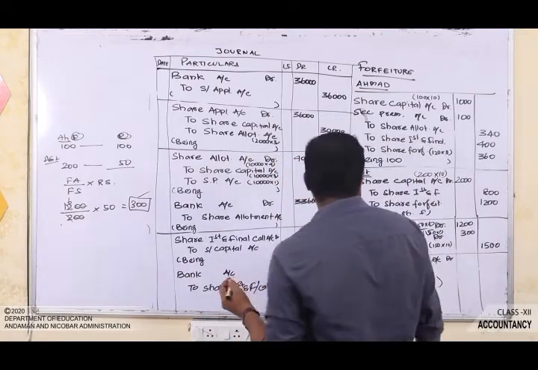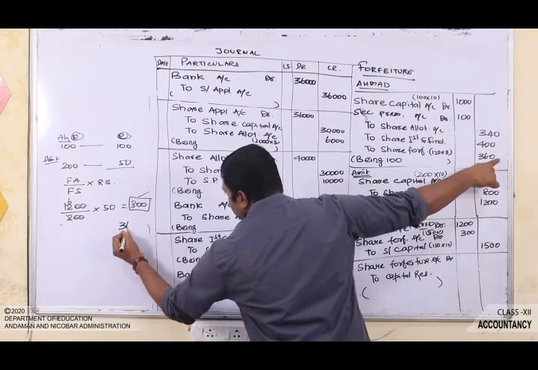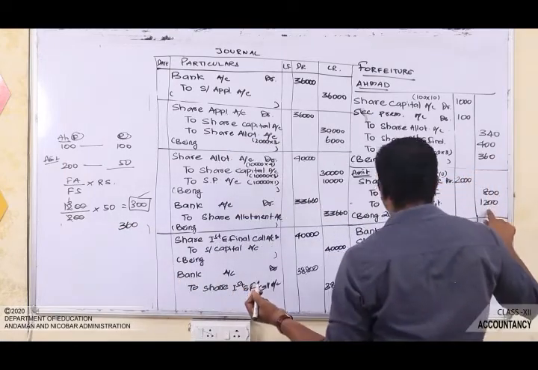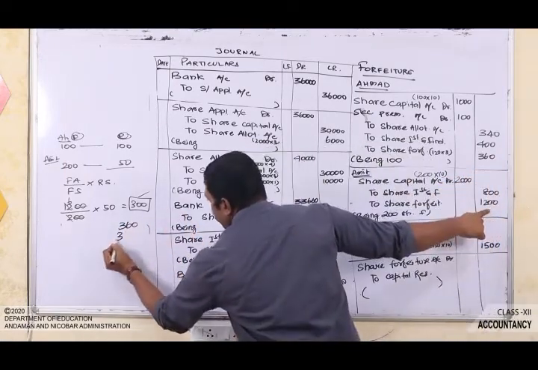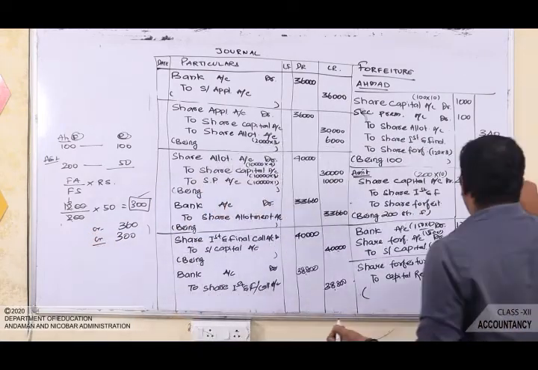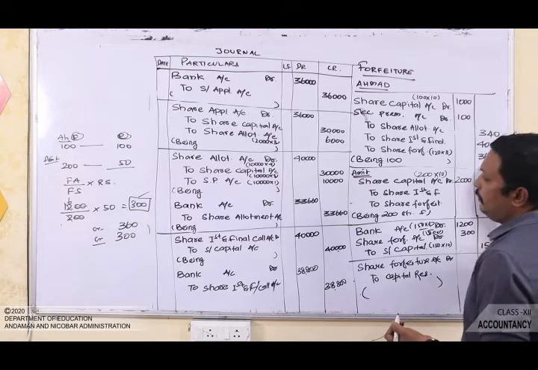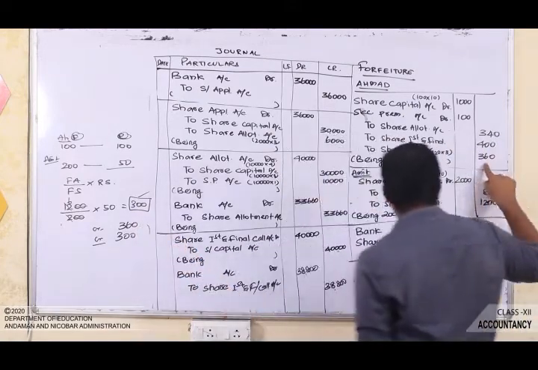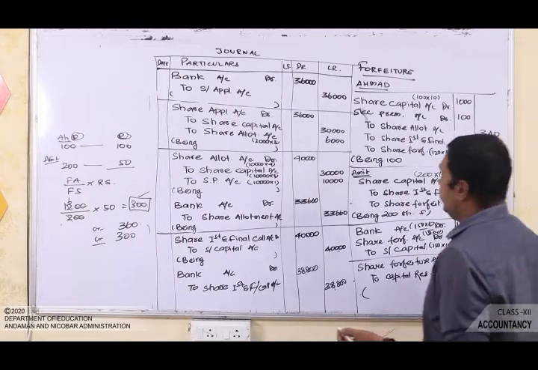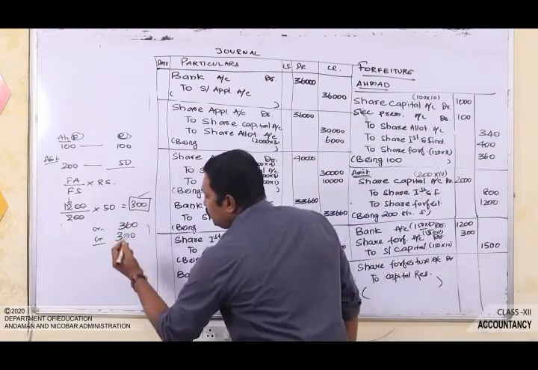Now write 360 credit for Ahmed's shares, and in place of 1,200 we have to write 300 credited. We didn't adjust any forfeiture amount of Ahmed. 360 rupees we already wrote, and as far as Amit is concerned, we reduced proportionately to 300.